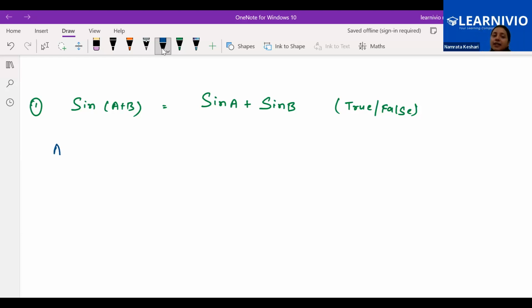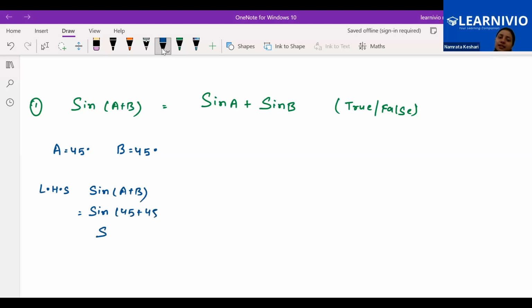If we take A as 45 degree and B as 45 degree. Let's check it. The left hand side will be sine A plus B. That means sine 45 plus 45.